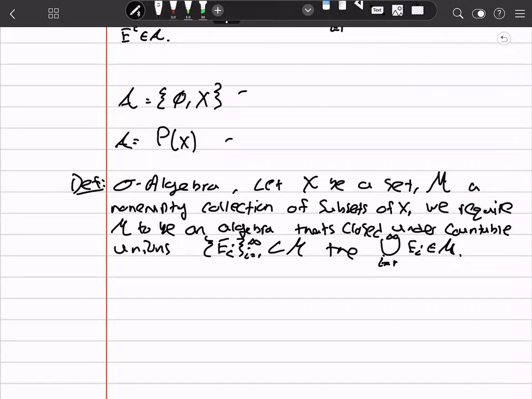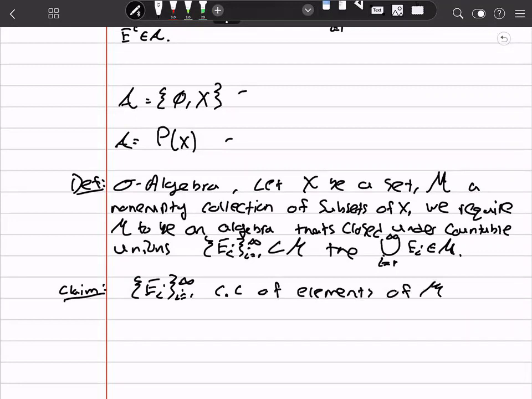So this is a little claim here: if E sub i is a countable collection of elements of M.